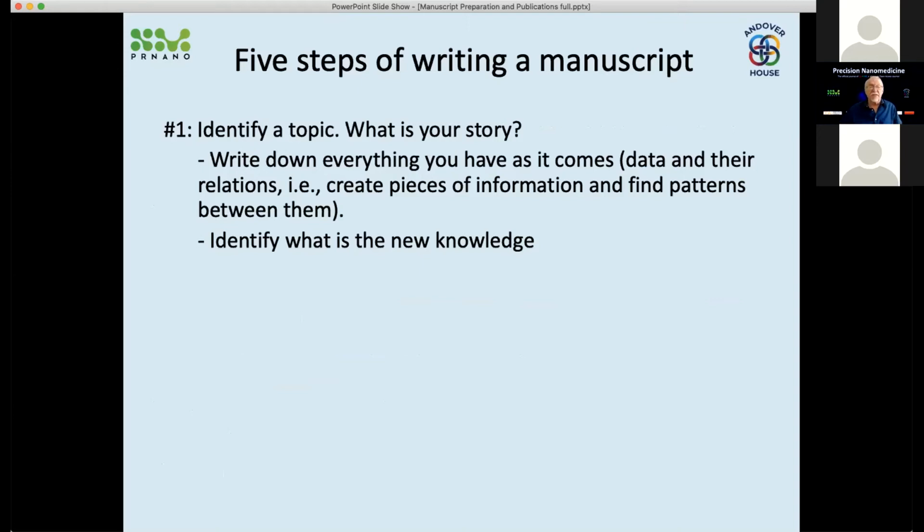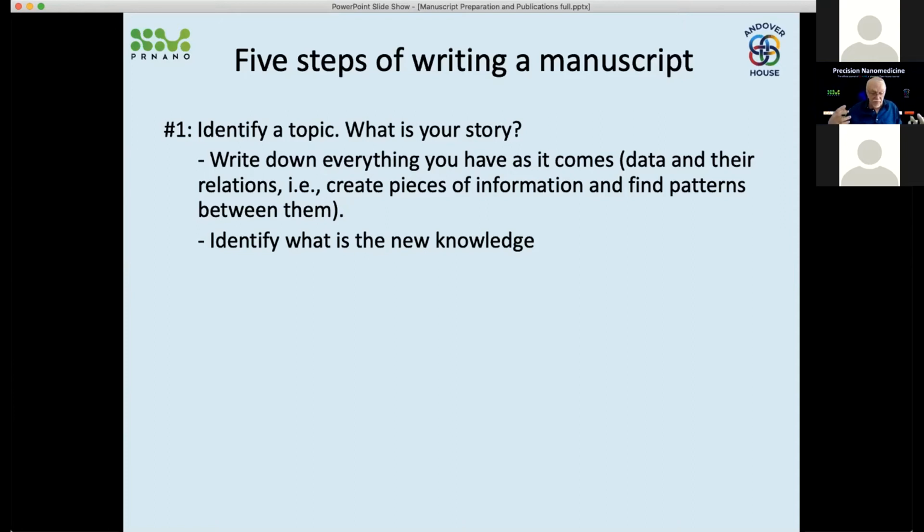The story is not what is happening during that day. It's not the register of what you did in the lab. So the best way to start writing a manuscript is to just write down everything as it comes. Data, relations, pieces of information, and try to identify what is the new knowledge.